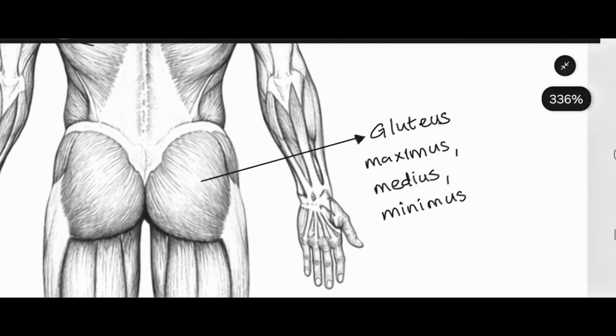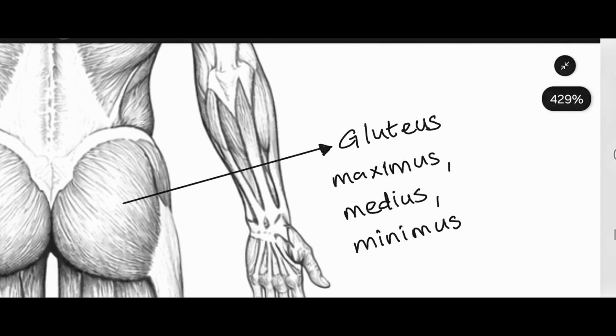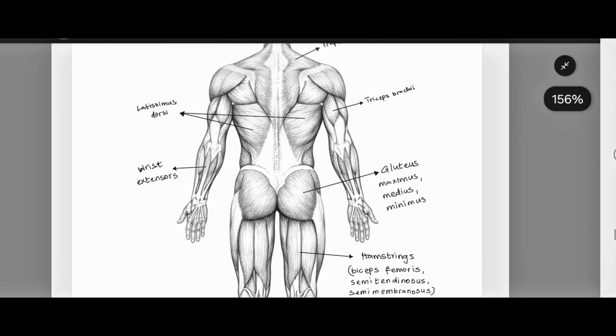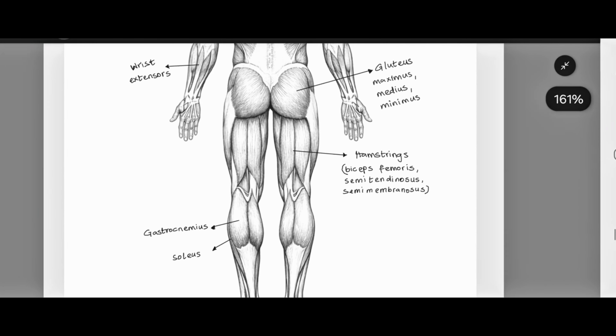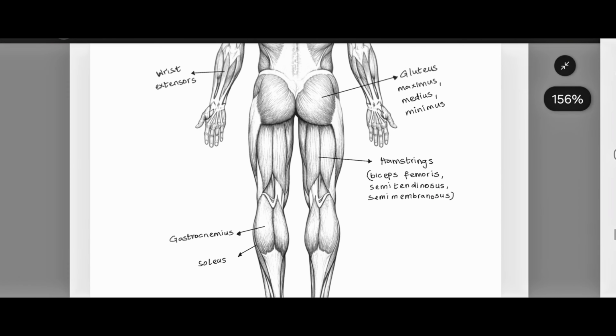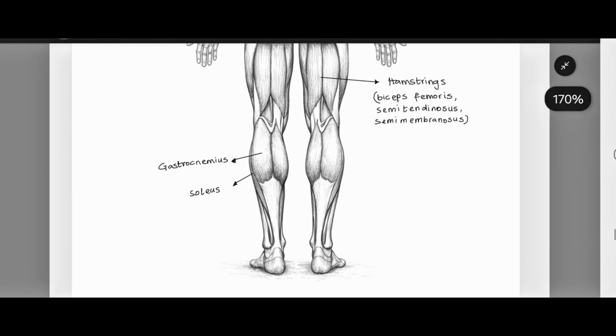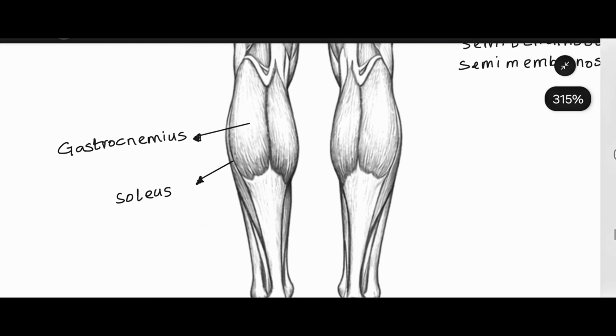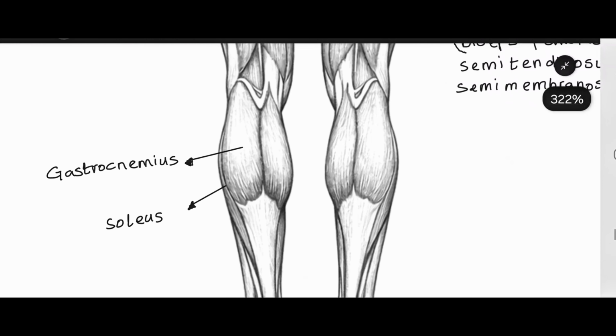Then we have the gluteus. So the gluteal muscles, we have three muscles. You have the gluteus maximus, gluteus medius, and gluteus minimus. So those are your bum muscles. Then at the back of your thigh, we have your hamstrings, which are made up of these three muscles. And then we have the gastrocnemius down here, and then the soleus, which are your calf muscles.